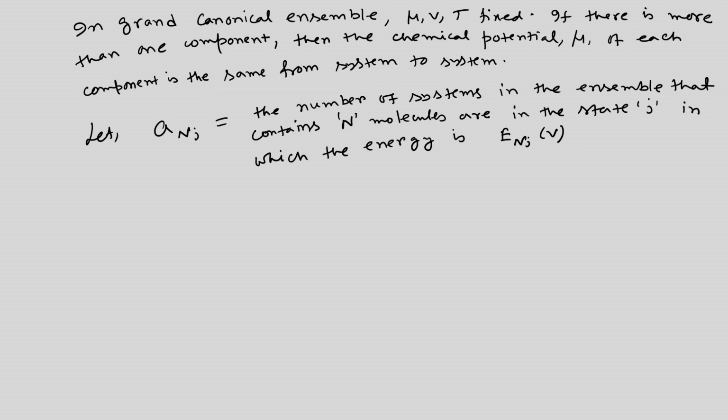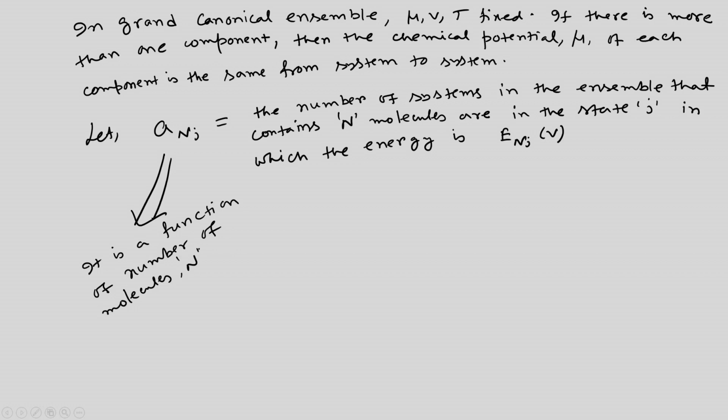Okay. So, this A_nj is a function of the number of molecules n, unlike the canonical ensemble.